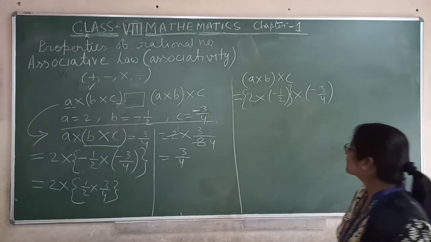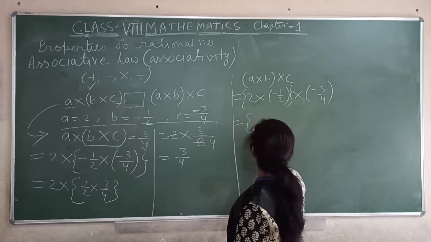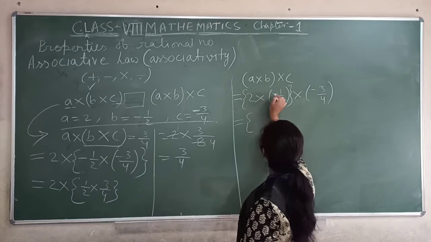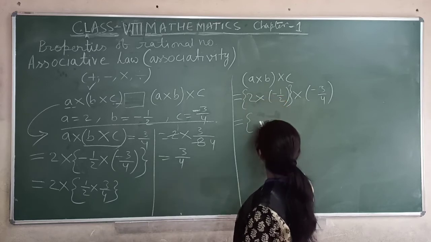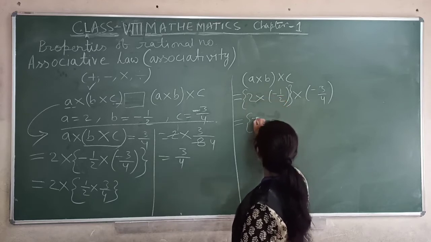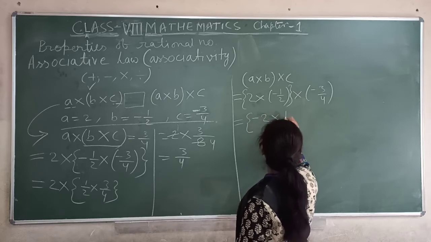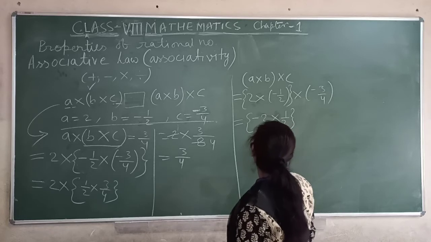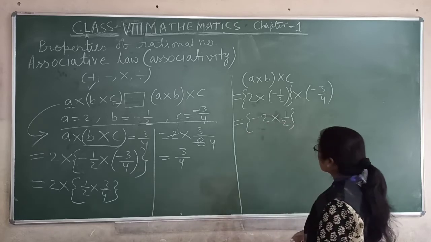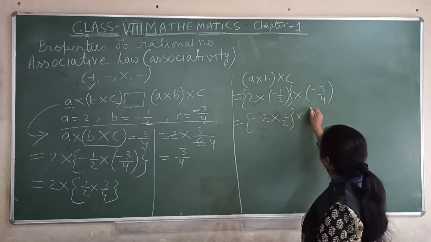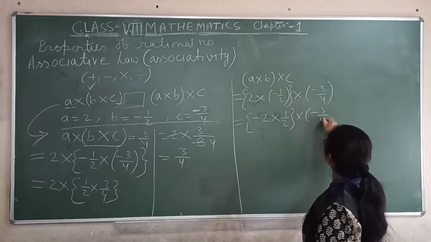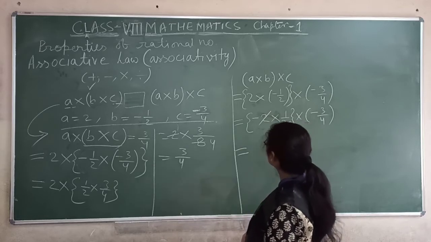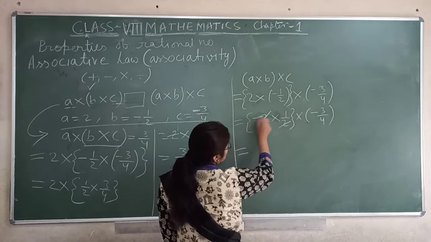Getting? So look, within bracket, first we have to open this bracket. So here plus sign into minus sign, plus into minus, you know, minus. We can write this one like that, 2 into 1 upon 2, into within bracket minus 3 by 4. So this 2 cancels out. What you have?